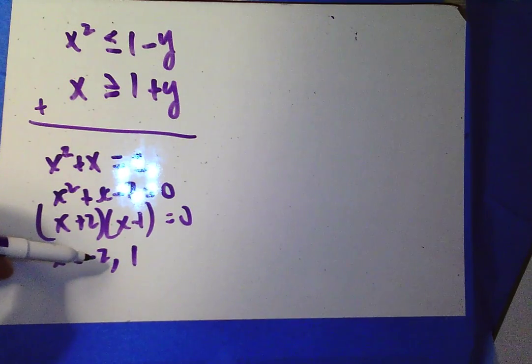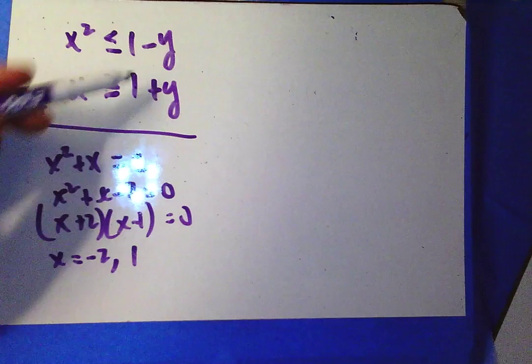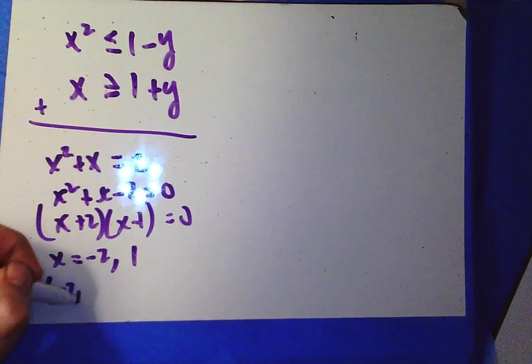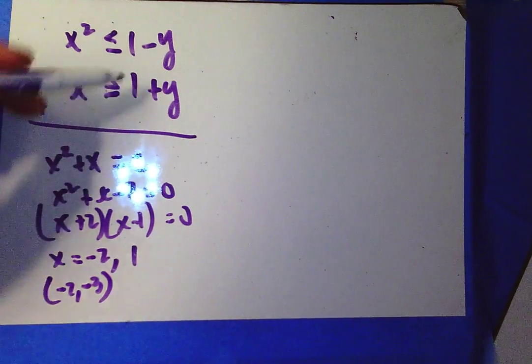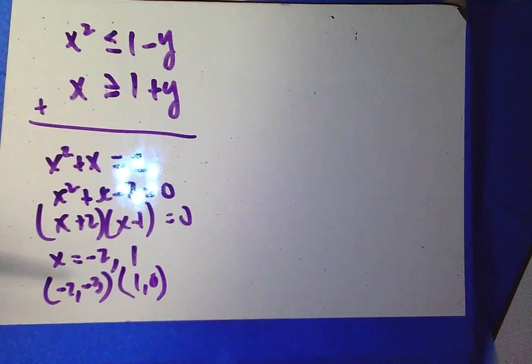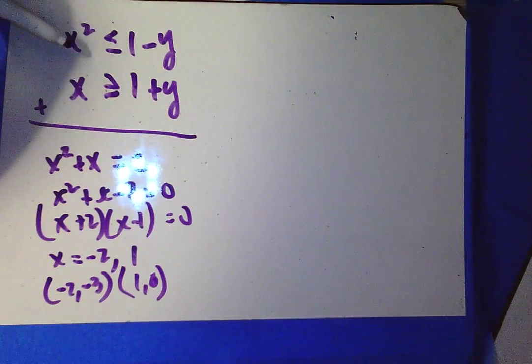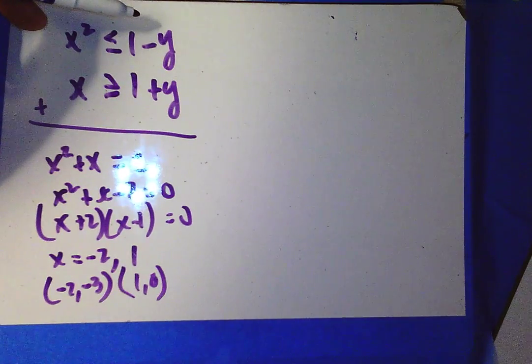And if x equals negative 2, minus 1 is negative 3 for y. And if x equals 1, and I subtract 1 from both sides, I get y equals 0. So I have my 2 points of intersection, and they weren't so difficult to find. But graphing these might be a little more challenging because they're not in y equals form.